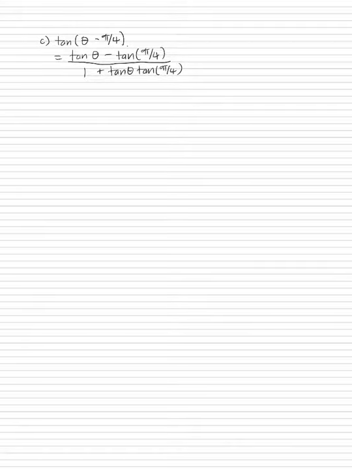Okay, so looks like this is going to be tangent of theta is negative root 15 over 1, and minus tangent of pi over 4 is 1, whole thing over 1 plus negative root 15 times 1. Okay, so then let's just bring it over here. So it looks like we're going to have negative root 15 minus 1 over 1 minus root 15. Okay, so now we're going to have to rationalize this.